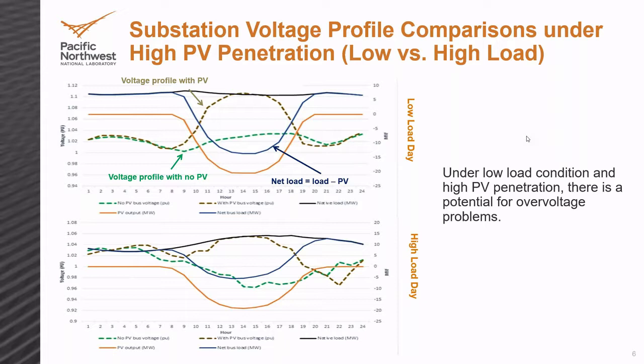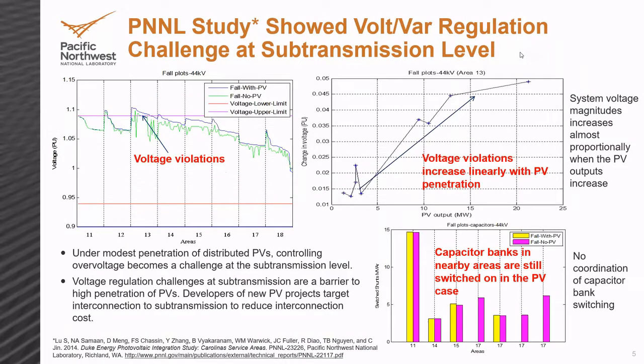And I think the question was actually referring to the previous slide. Sorry about that. Yes, that's the one. So you can see here that some of the green lines were in violation already.